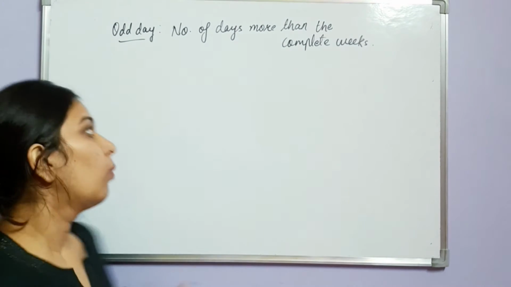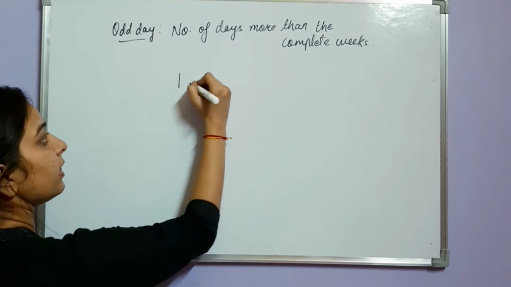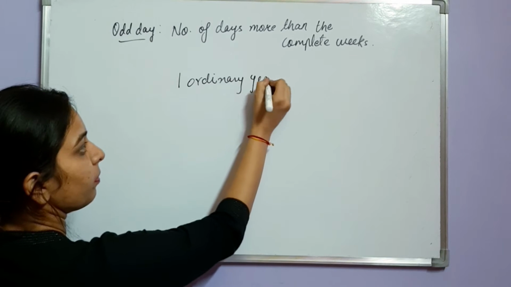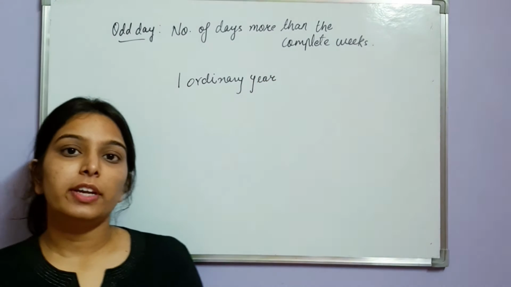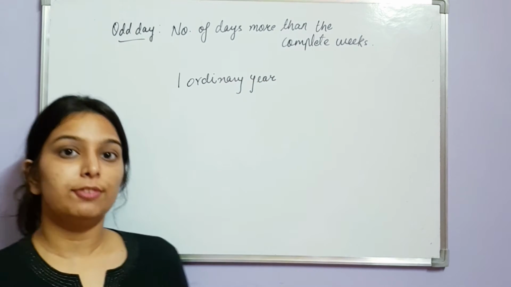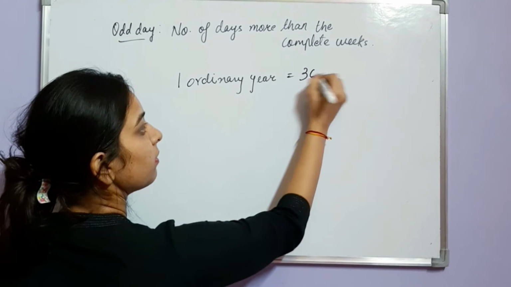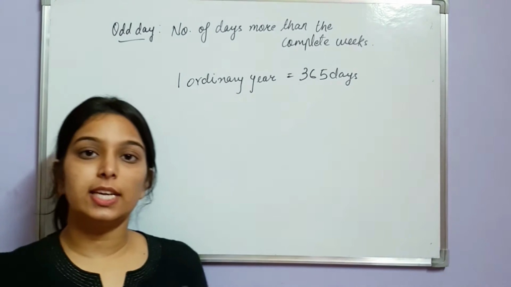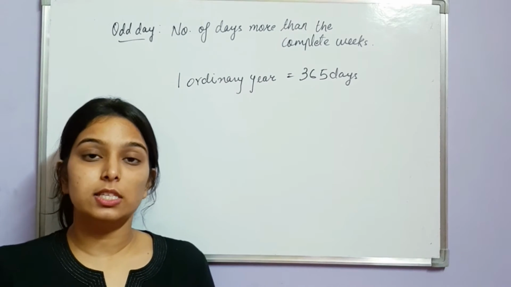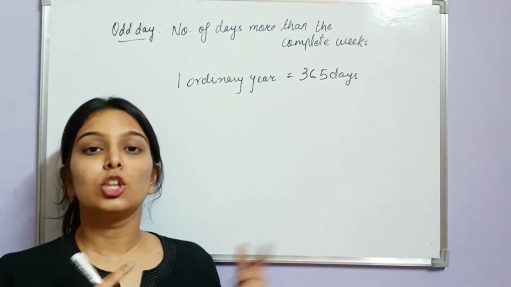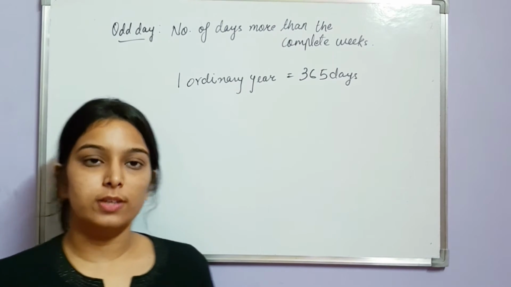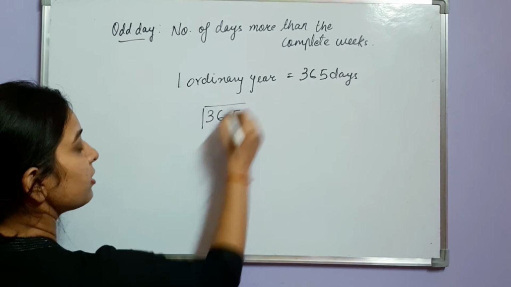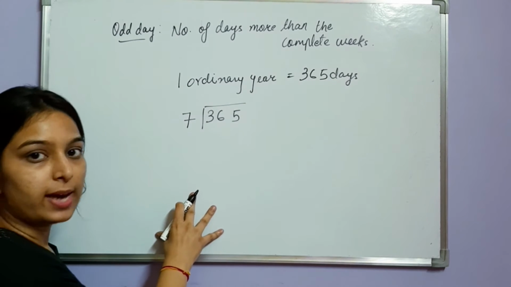Let us see how many odd days are there in one ordinary year. We all know that one ordinary year comprises 365 days. So we have to see that out of 365 days, how many days will be included in making weeks, and after that how many days are left, those days will be the odd days. So let's see how we can write 365. First of all, let us divide 365 by 7.